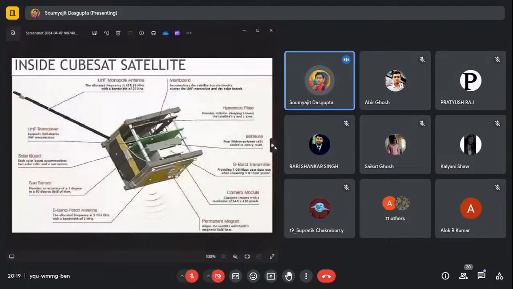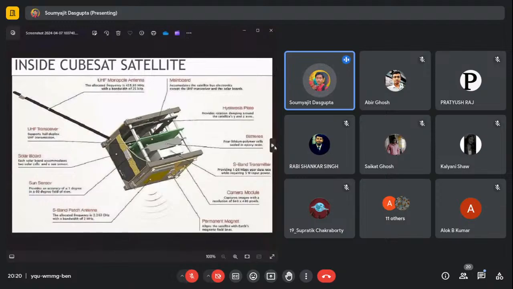But then comes the solar board. Okay, so as you know, a battery can power a CubeSat up to a certain time, right? After that the battery will die. So how can we charge the battery? For that we need a solar cell. When the sunlight falls onto the solar cell, it will charge the battery.